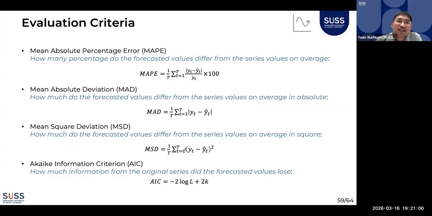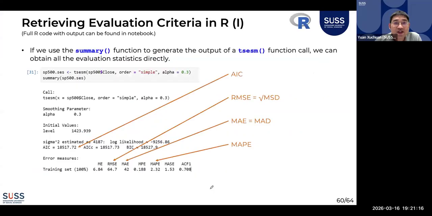So you can consider different criteria. You can use different indicators to compare different models and select the best model. Usually we look at the AIC information, and we look at the BIC information, and the lower the better.